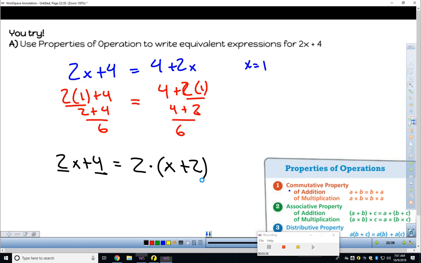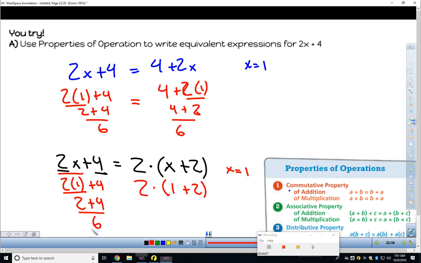And you can do the same check. What if x is 1? Well, 2 times 1 plus 4 is 2 plus 4, which is 6. 1 plus 2 is 3, times 2 is 6. Those are still equal. Right now, if you have a question, I want you to stop the video and come see me.